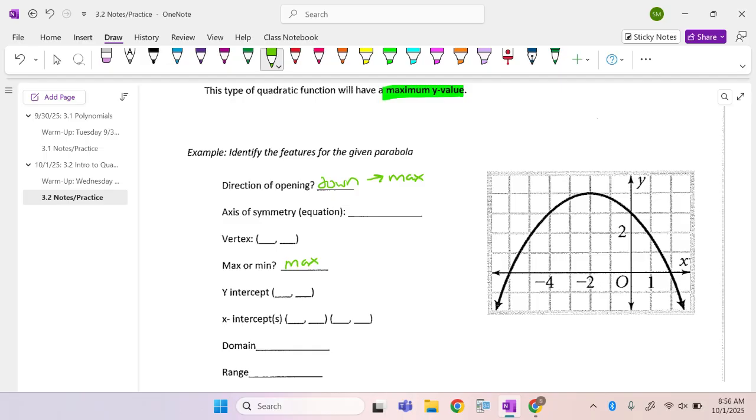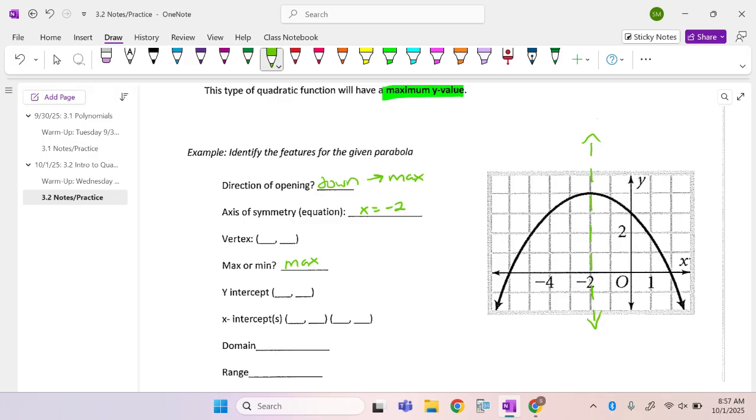Where does it look like the graph gets cut in half? So it's -2, that's the x value. So wouldn't the axis of symmetry be that x value? Yes, good. So our axis of symmetry is right here, and it's at x equals -2.